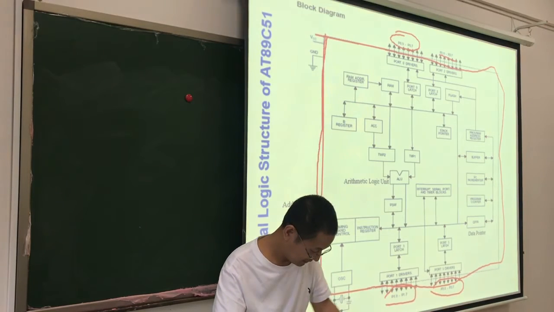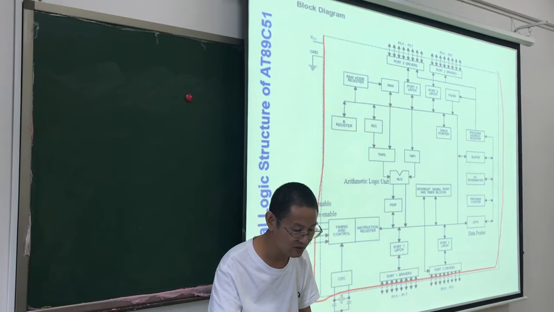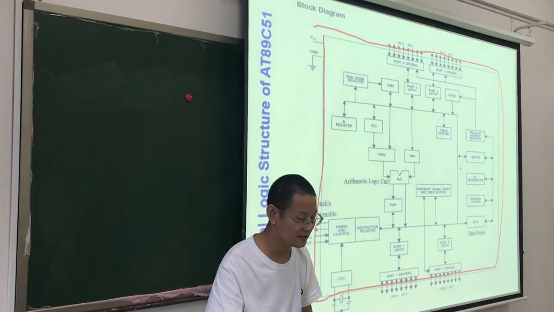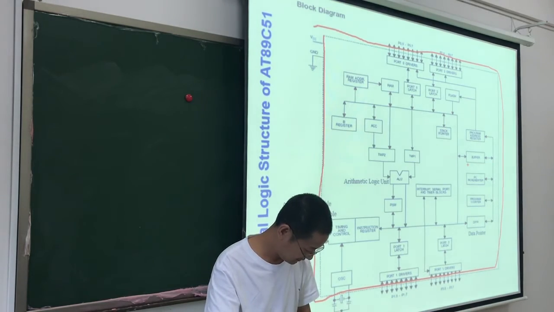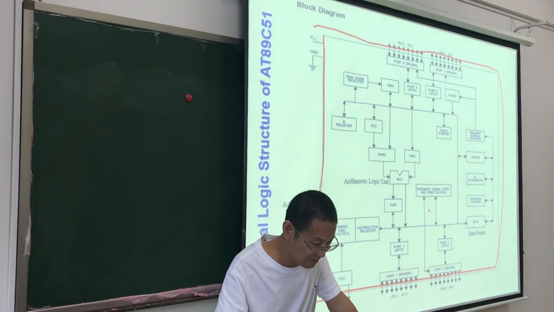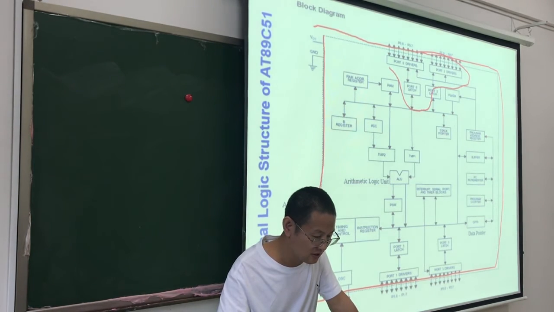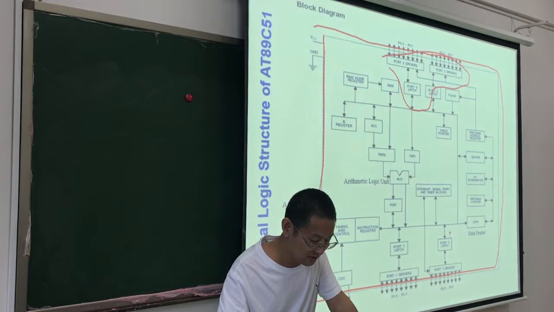Inside the red box is inside the chip. This is for P0 and P2. This is for P3. This is for P1.